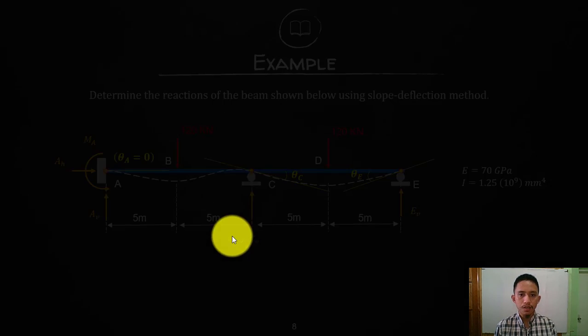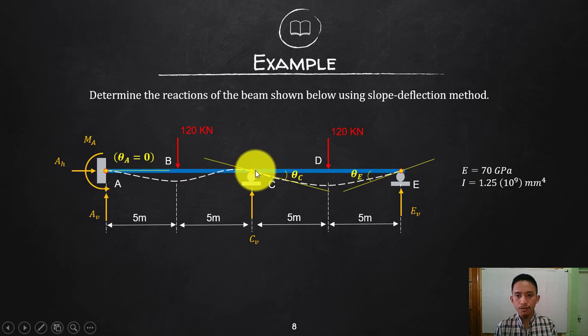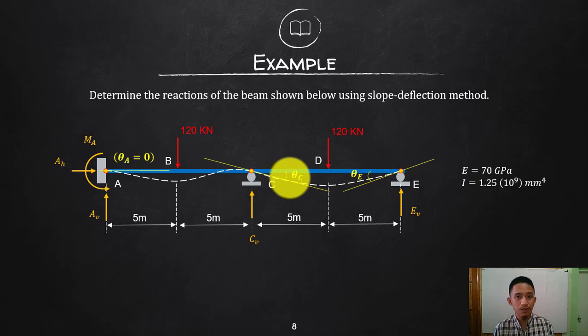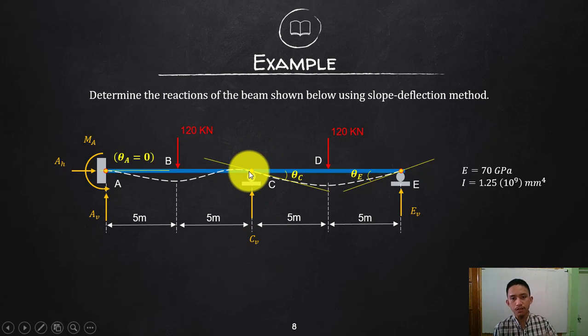And of course, as I've explained also, there are no deflections here since these are supported points. Later on, we will go on frames, wherein if we are considering a joint, that is not supported with respect to deflections. So that will be on frames.